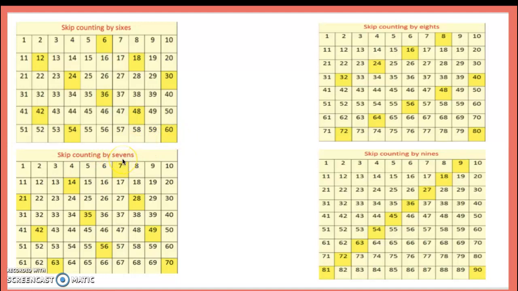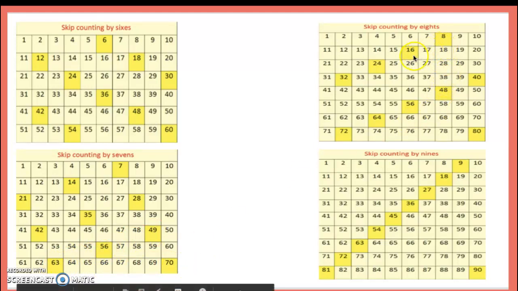So we're going to count by 7s to 70. 7, 14, 21, 28, 35, 42, 49, 56, 63, 70.